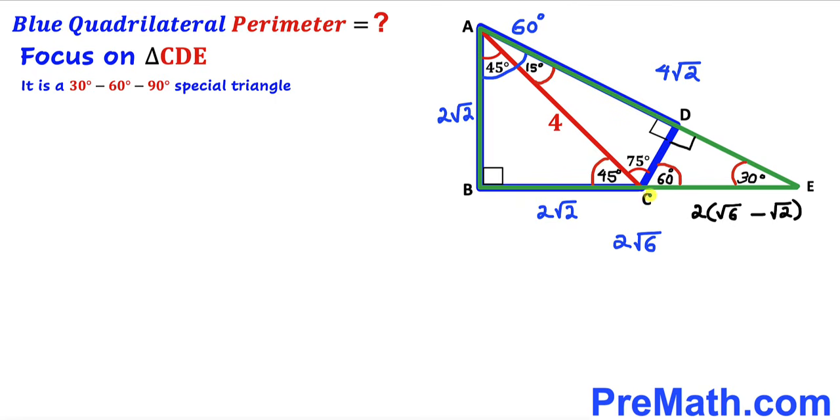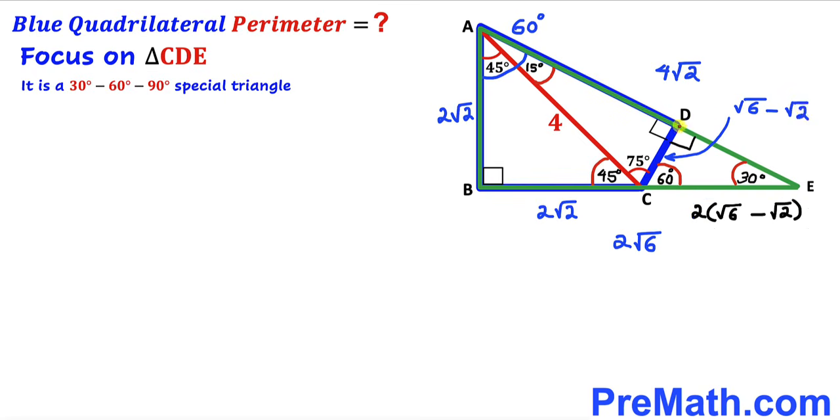And we know that this CE is our longest leg, whereas this side CD is our smallest leg. So therefore this smallest leg has got to be half of this longest leg. So therefore I can write this smaller leg value as half of this one, which is the square root of 6 minus the square root of 2.